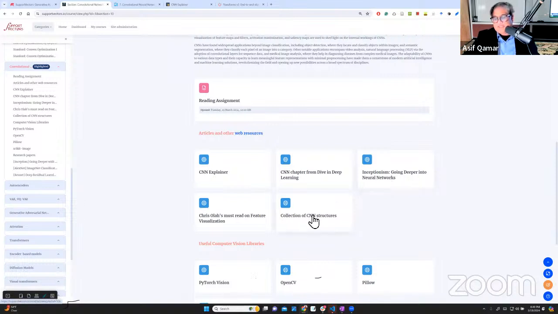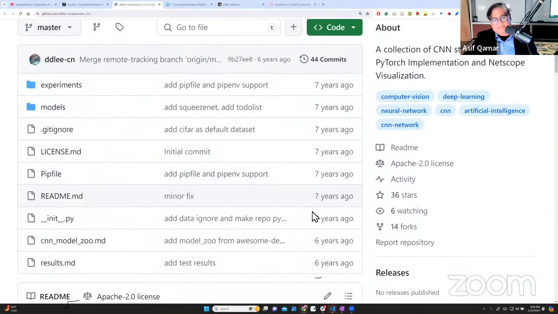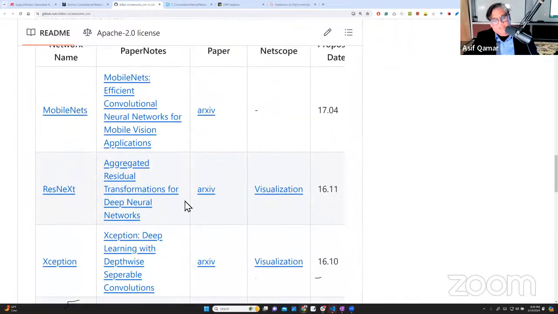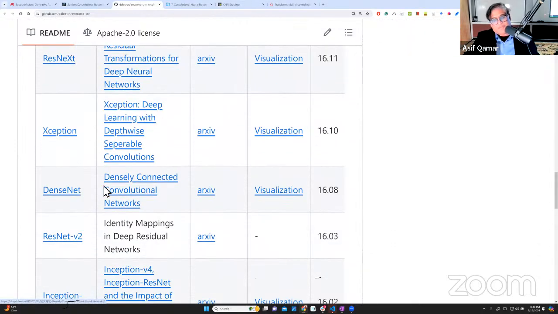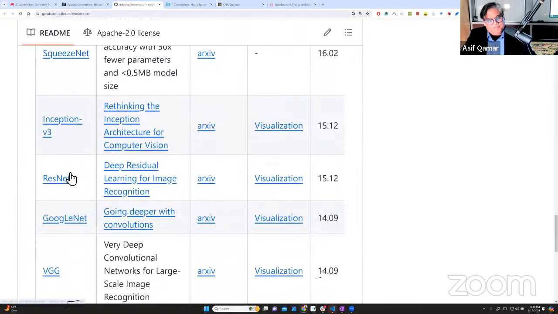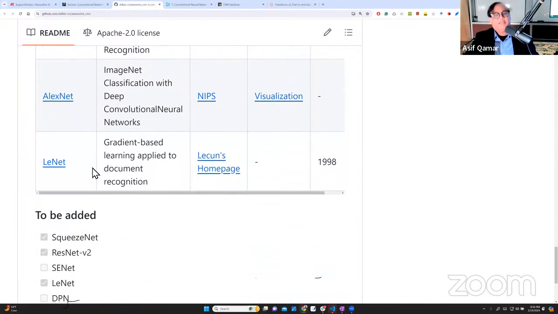And this is a collection of CNN architectures. So convolutional neural networks themselves have many variants. If you go down, you will see a lot of them: Xception is the one that we just talked about, ResNet, Inception, Inception V3, GoogLeNet, VGG, AlexNet, LeNet.